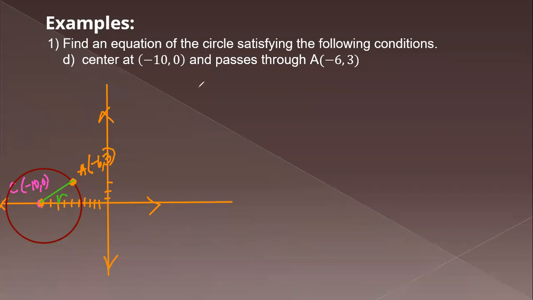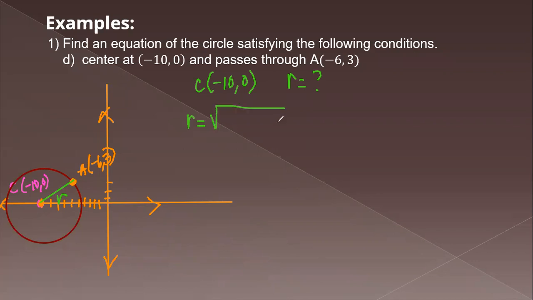We have now the center, -10, 0, but we don't have the radius. We need to find the radius to get the equation of the circle. When you connect the center and point A, where our circle passes, that is our radius. To find the radius, we have to use the distance formula.